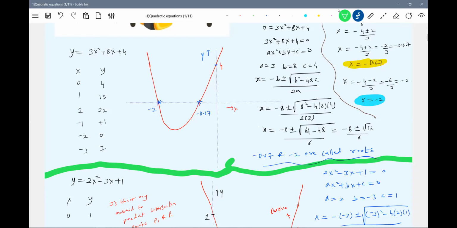What is the nature of the discriminant? B square minus 4ac. So what is the value of B square minus 4ac? I think it was greater than 0, no? So therefore, what do we end up with here? The roots are real, distinct, and rational.